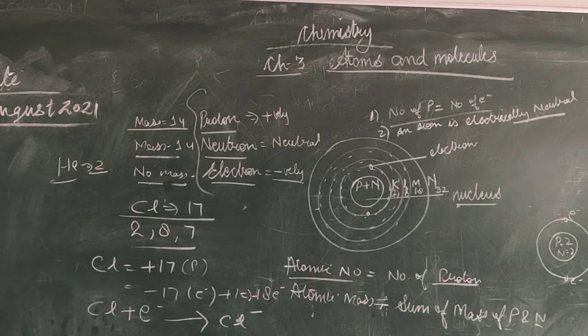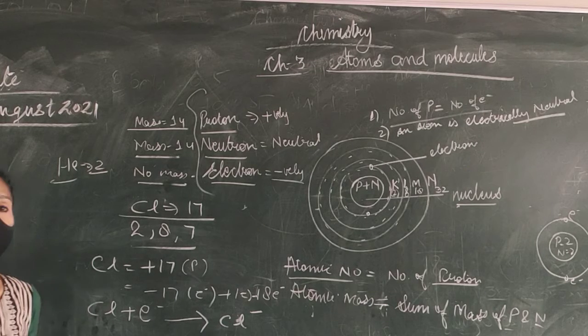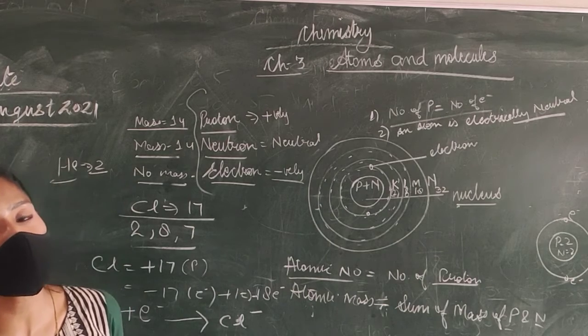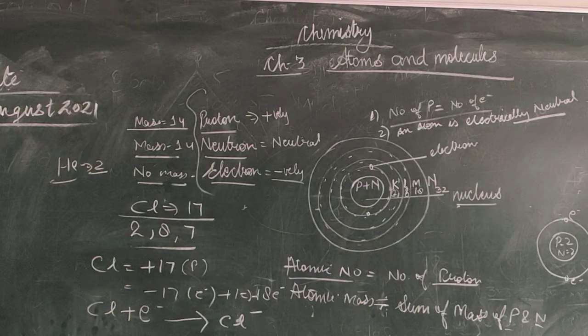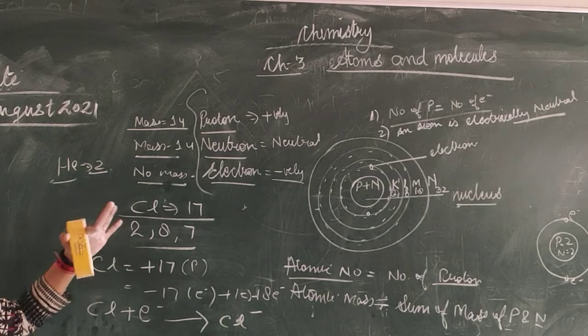So we can see that plus 17 and minus 18, so we now got minus 1. That's why it becomes a negatively charged ion. So ions are charged particles, and ions are of 2 types, which are cation and anion. Understood everyone?